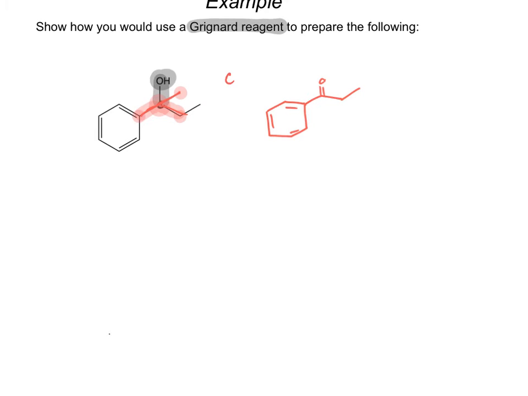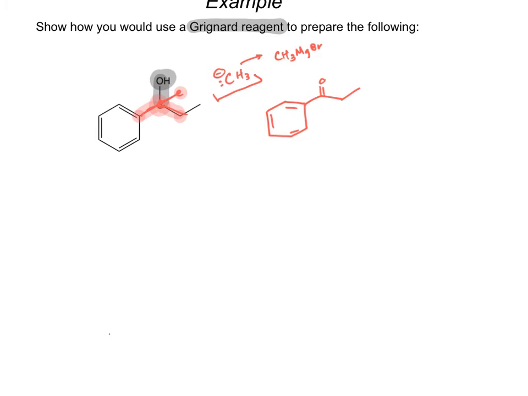So this would be formed from a methyl carbide ion or methyl Grignard reagent, in the form of methyl magnesium with the halogen at the end. This would be the Grignard reagent that would produce this carbide ion that would attack our ketone and produce the alcohol, as well as this carbon-carbon bond.